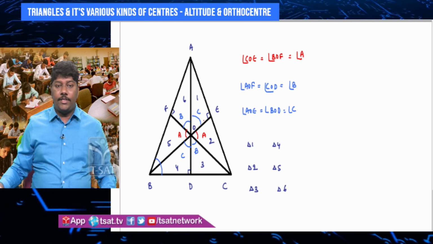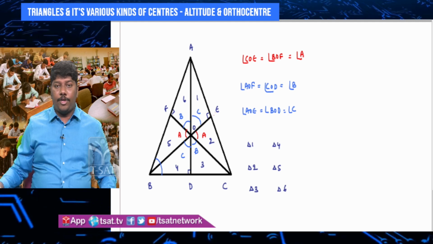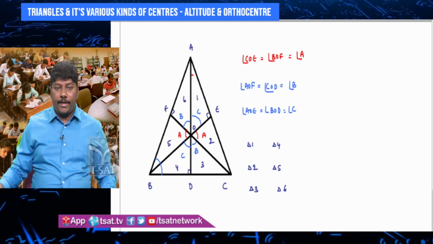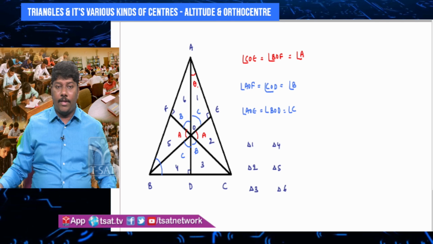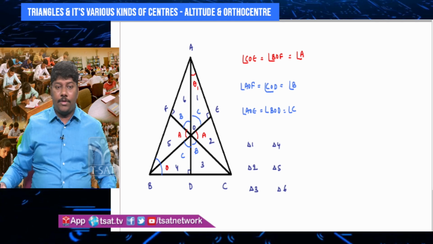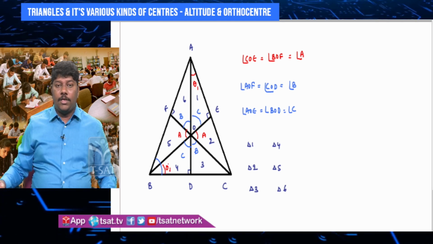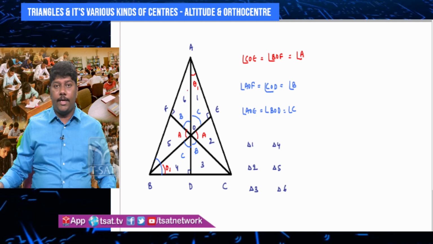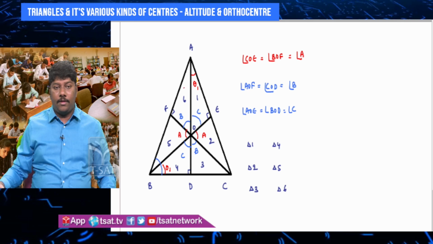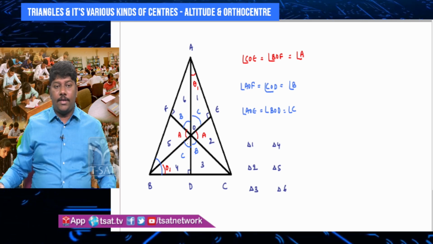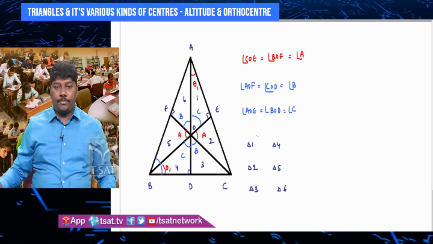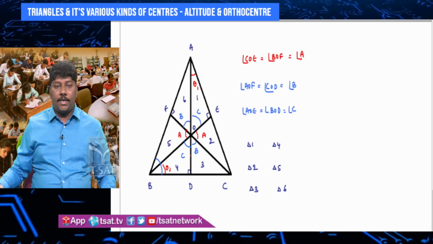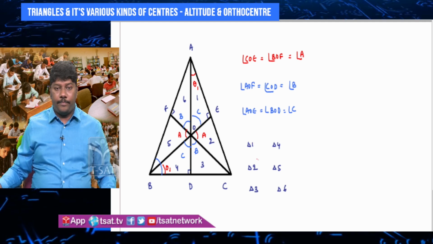You will understand angle C is angle C, 90 degrees is common in both, therefore this angle, if I take it as theta 1, this angle is also theta 1 here. So all the 3 angles of one triangle are equal to all the 3 angles of the second triangle, therefore these two triangles are similar triangles.